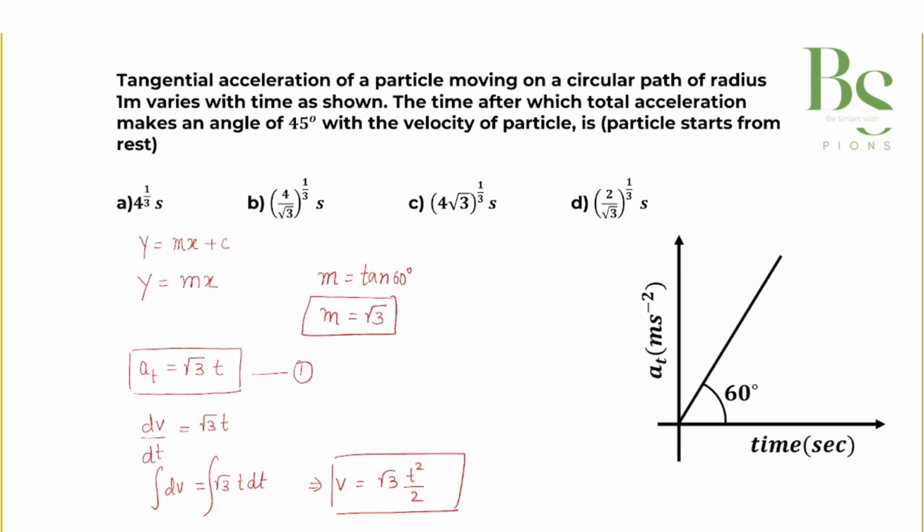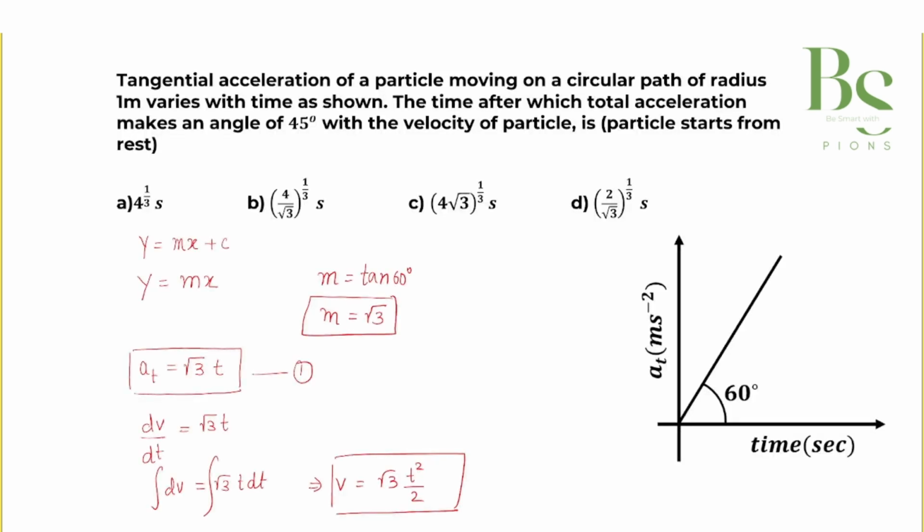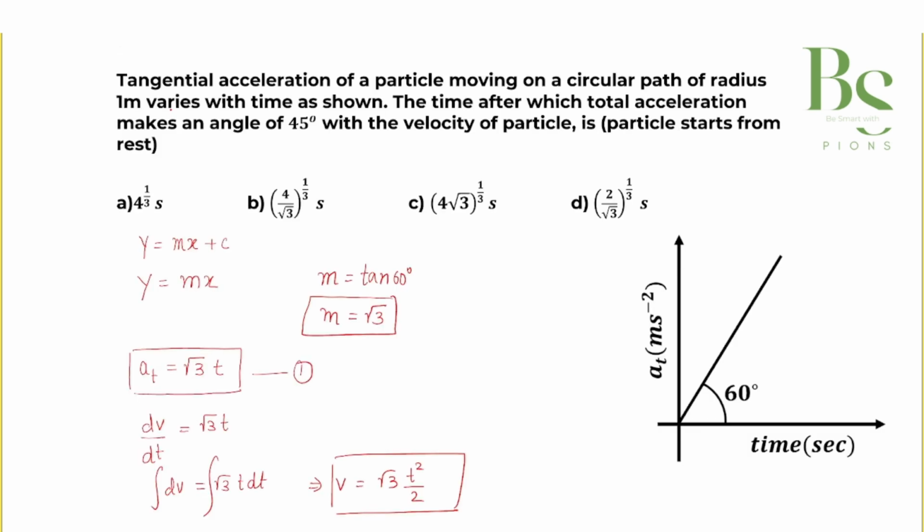If this is our tangential velocity, let's figure out our other type of acceleration which is acting in a circular motion. And what is that? That is our centripetal acceleration. Centripetal acceleration is nothing but v square by r, where r is the radius of that particular circular path. So, AC will be equal to, what is v square? Let's go back. V here is root 3 t square by 2.